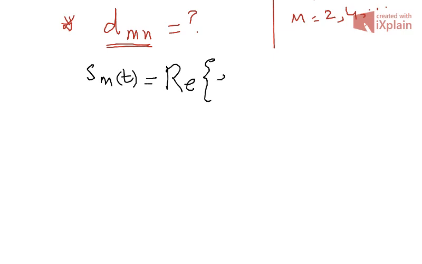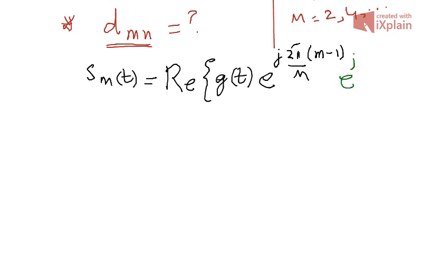It's the real of g of t, which is the pulse shaping waveform, e raised to the power j 2 pi (m minus 1) over M. These are the different phases, and then you have e raised to the power j 2 pi f c t, right?